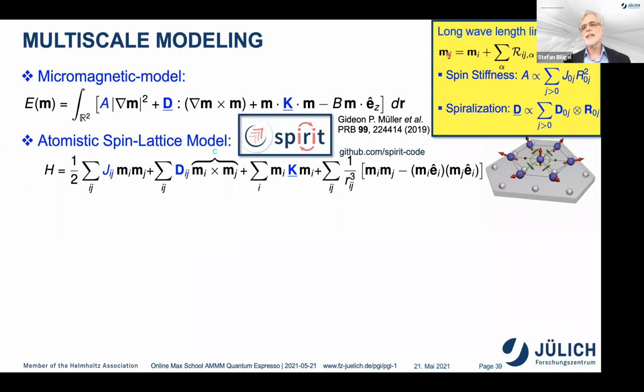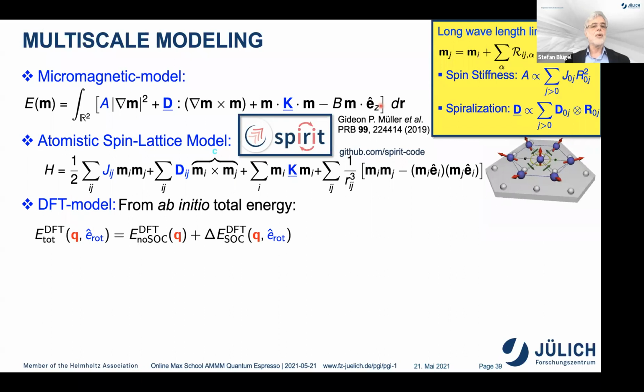You look at the magnetization at point j, expand the magnetization at point i, and you do a Taylor expansion. And then you come basically to this micromagnetic model. That is well known. It was developed in the 60s. And of course, we all want to relate these parameters A to these parameters J. They are related due to these approximations.